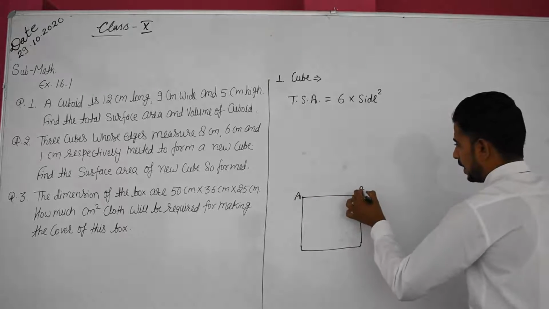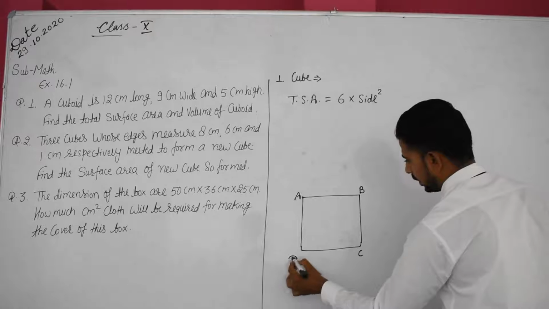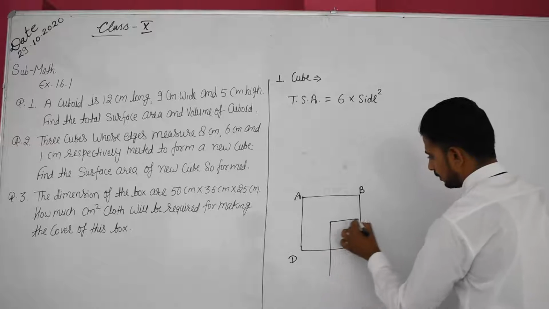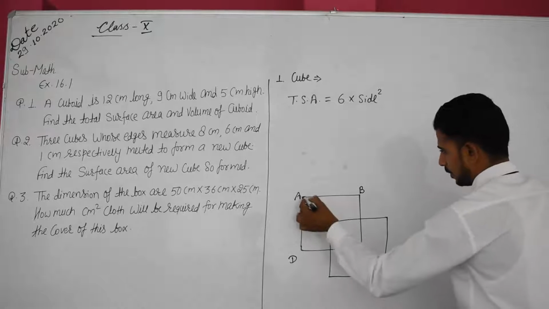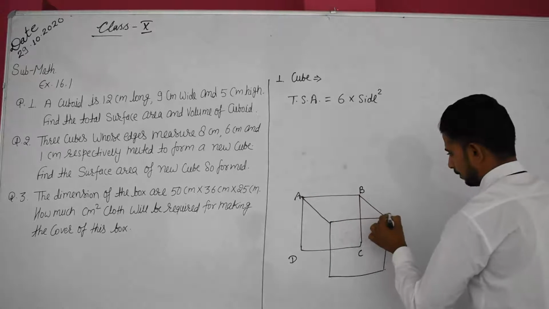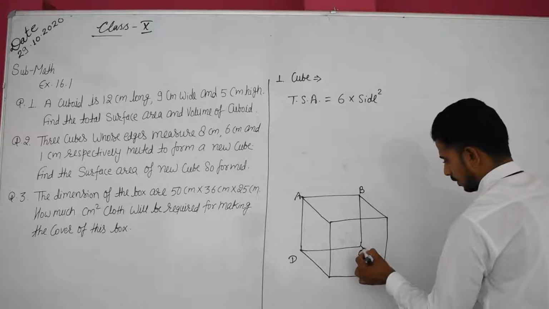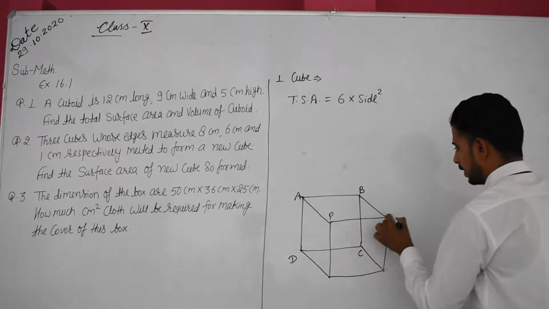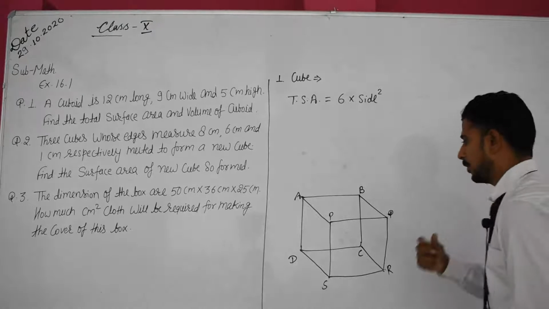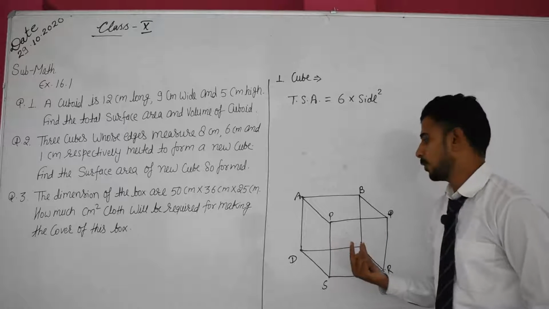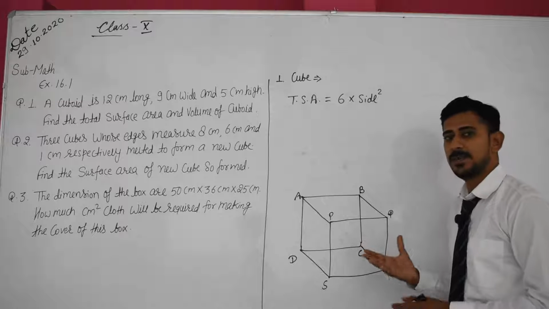This square is A, B, C, D, and the other is P, Q, R, S. This figure is the rough sketch of the cube. In this cube, there are 6 faces.